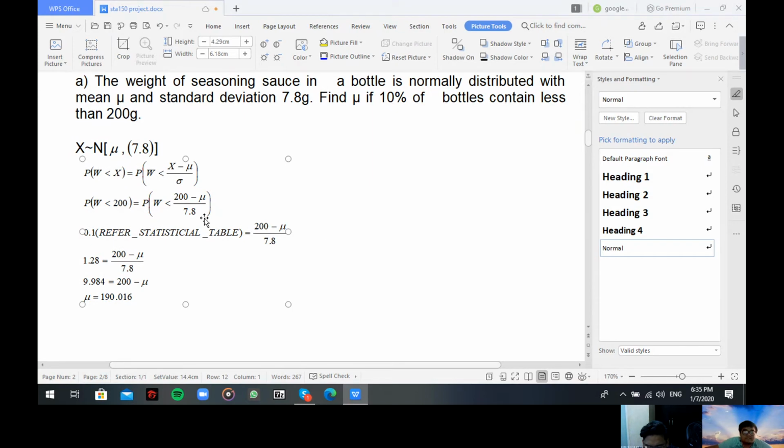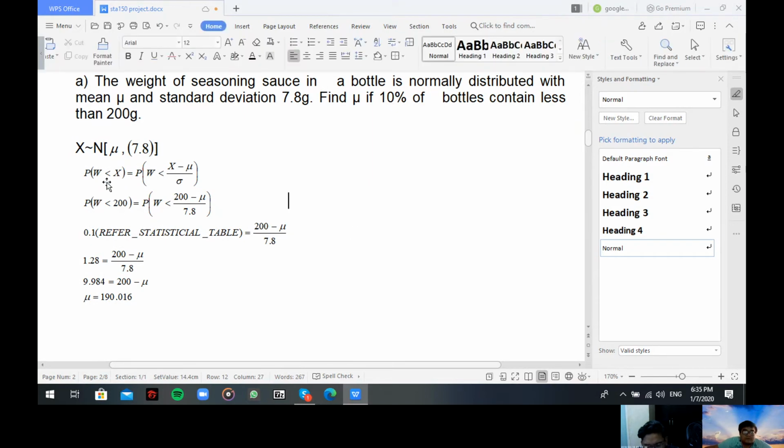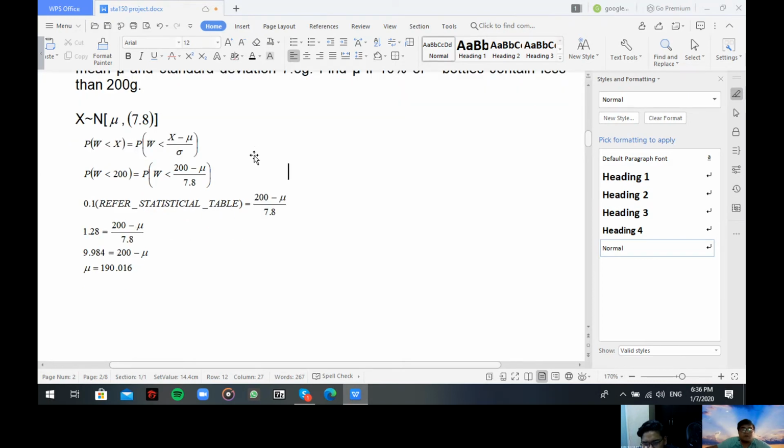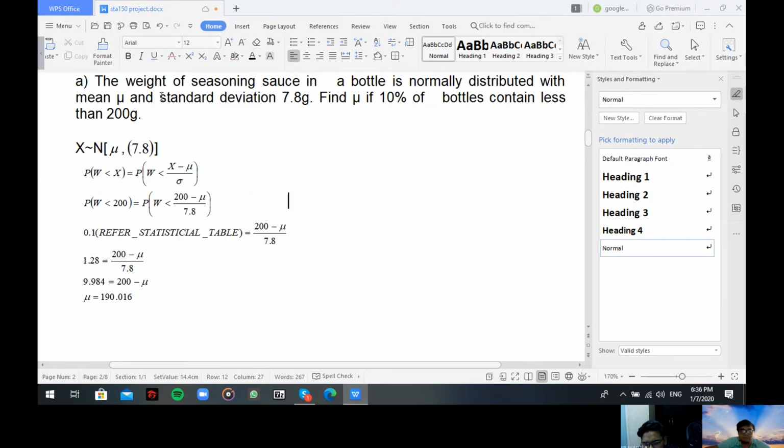So you just put X as 200 grams, and then 200 minus mean over 7.8 because the standard deviation is 7.8. If the question gives you the value of variance, you need to square root the variance because variance is the standard deviation to the power of 2.